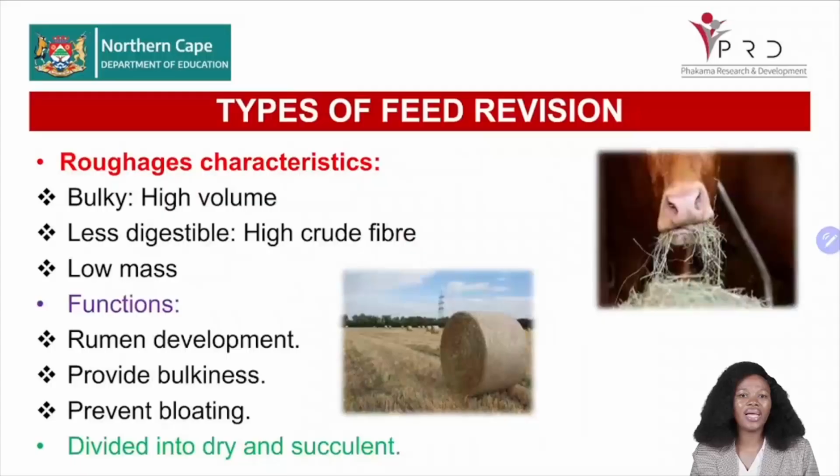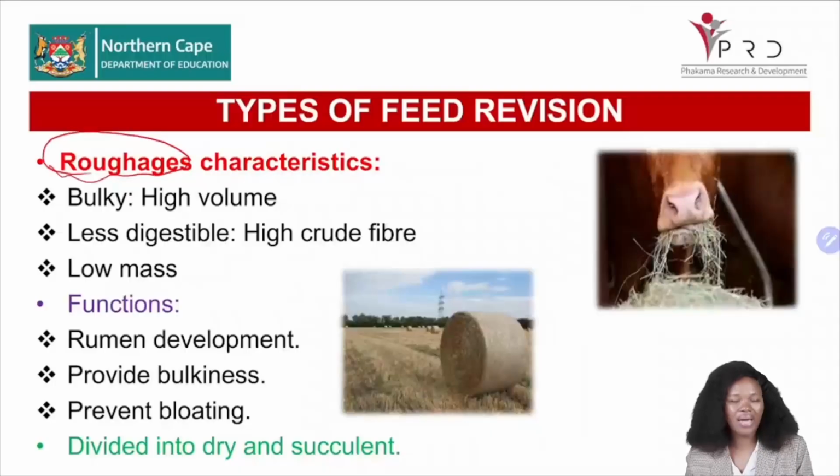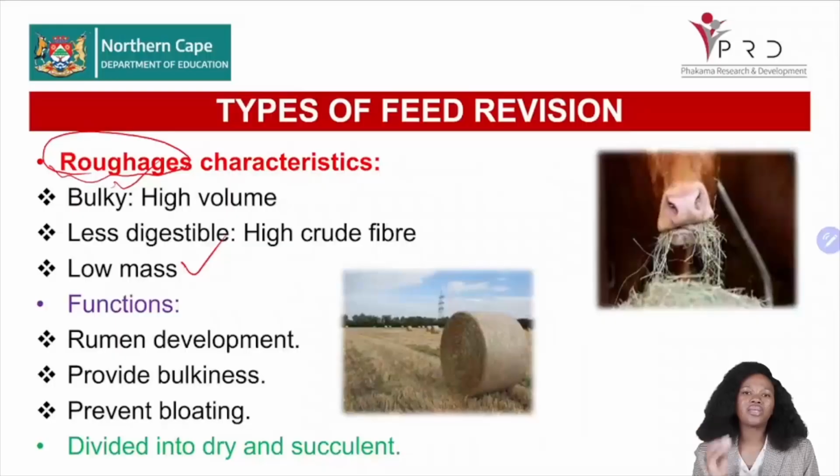Now let us look at the roughages, another type of feed. Roughages are bulky simply because they have a high volume, and since they have high volume, they will have low mass. Now, roughages are less digestible.